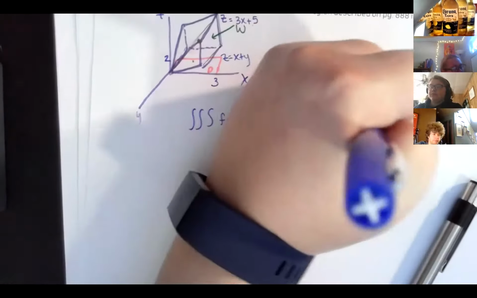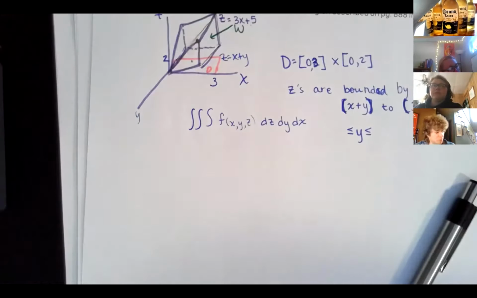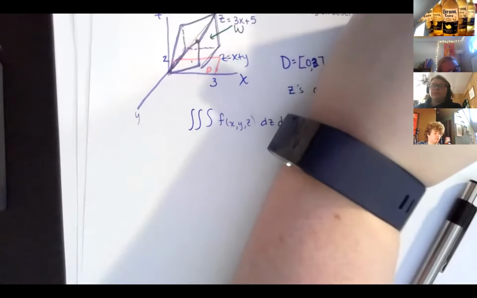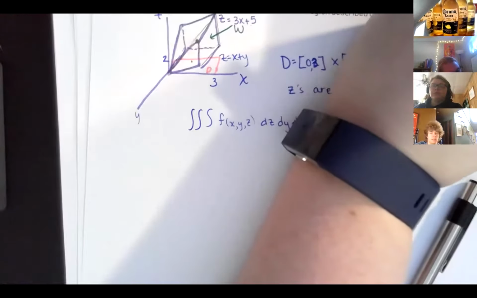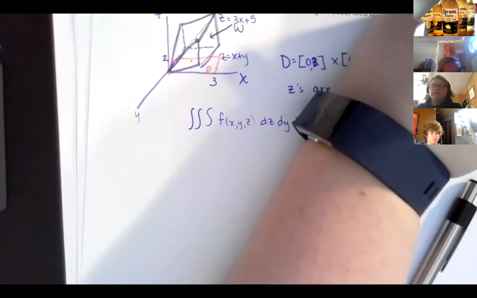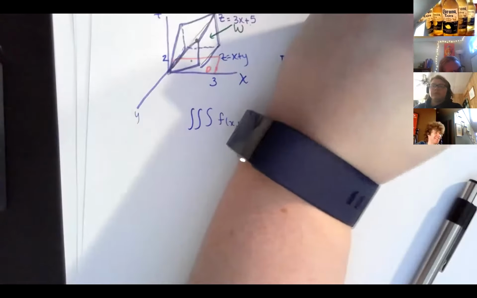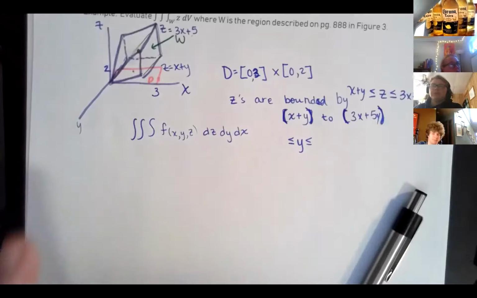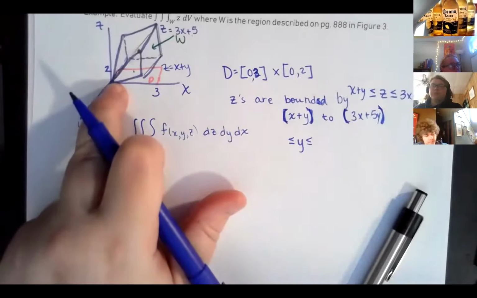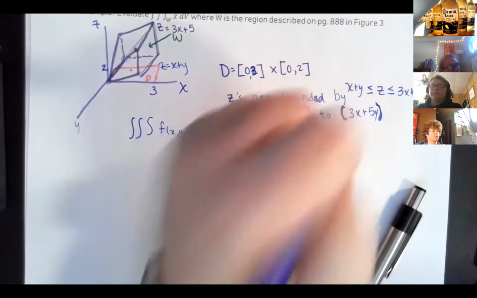And then my y values, my smallest one would be 0, my big one would be 2.